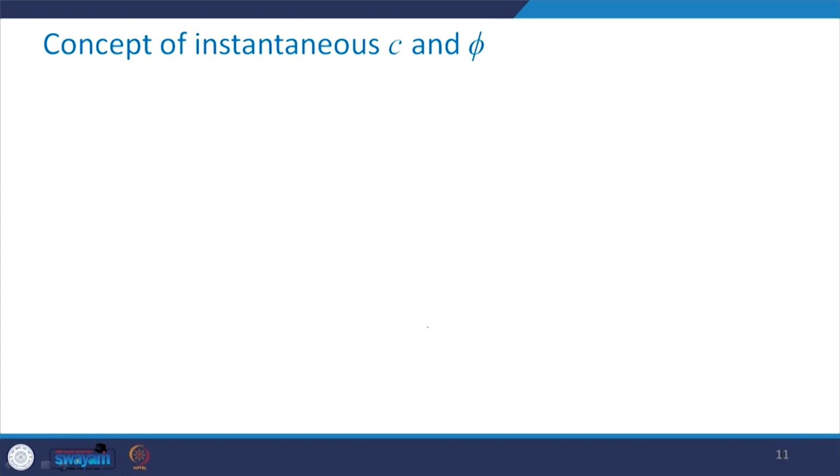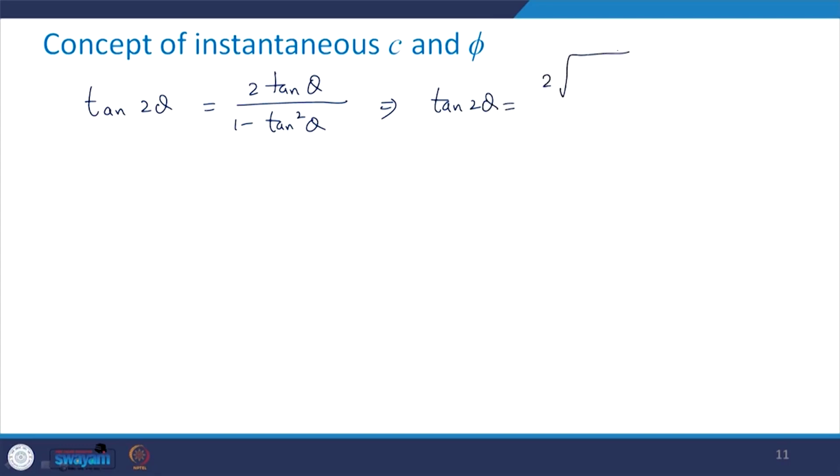You all know that tan 2 theta can be written in this form as 2 tan theta divided by 1 minus tan square theta. So if you compare this equation with what we had, in this case we had tan of 2 theta is equal to 2 square root of del sigma 1 / del sigma 3 divided by 1 minus (square root of del sigma 1 / del sigma 3) whole square.